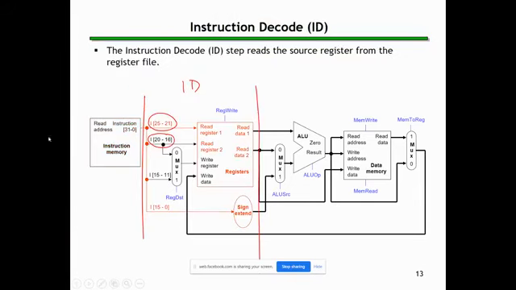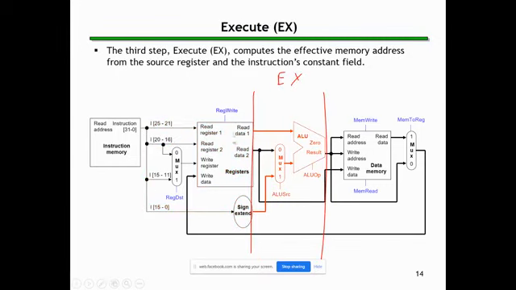Within the two red lines, this portion is executed in the second step, normally called instruction decode. Now we are going to the third step.